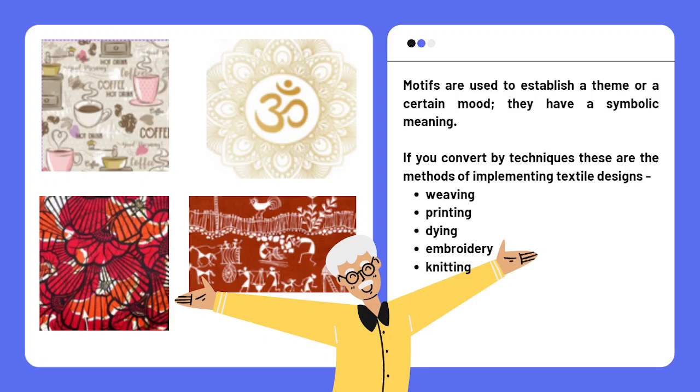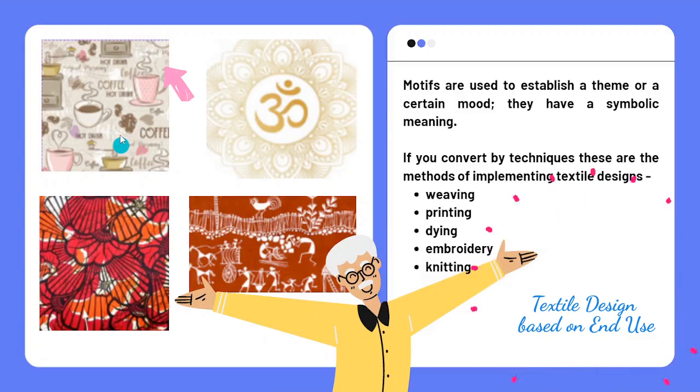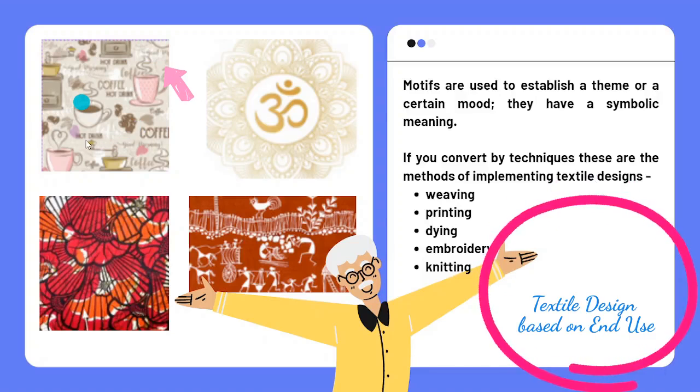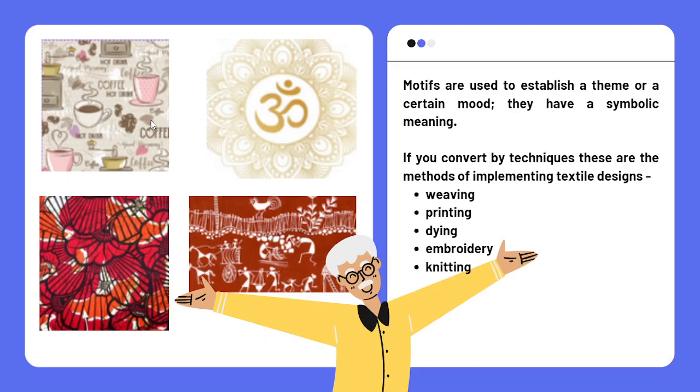As I said earlier, motifs help you to establish a certain mood for your design collection. For example, if you're designing leisure wear or night wear, you could use a fabric design like this one. This has a very casual feel to it because it has prints of a coffee mug and the word coffee printed on it.